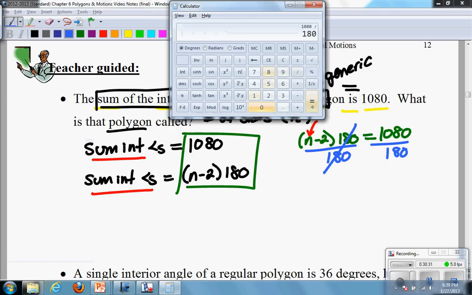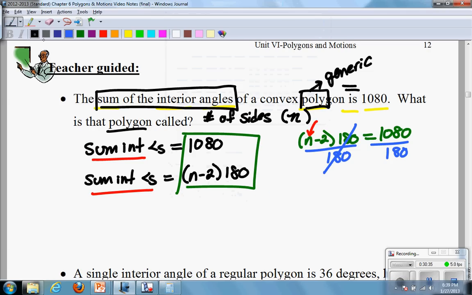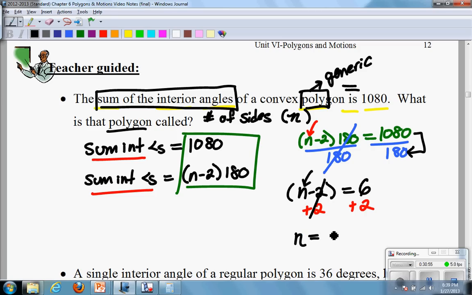I want n by itself, so now I'm going to add 2 to both sides. So our n is 8. We have an 8-sided polygon. We want to know what it's called, so 8 is octagon. So in this scenario, we are dealing with an octagon.